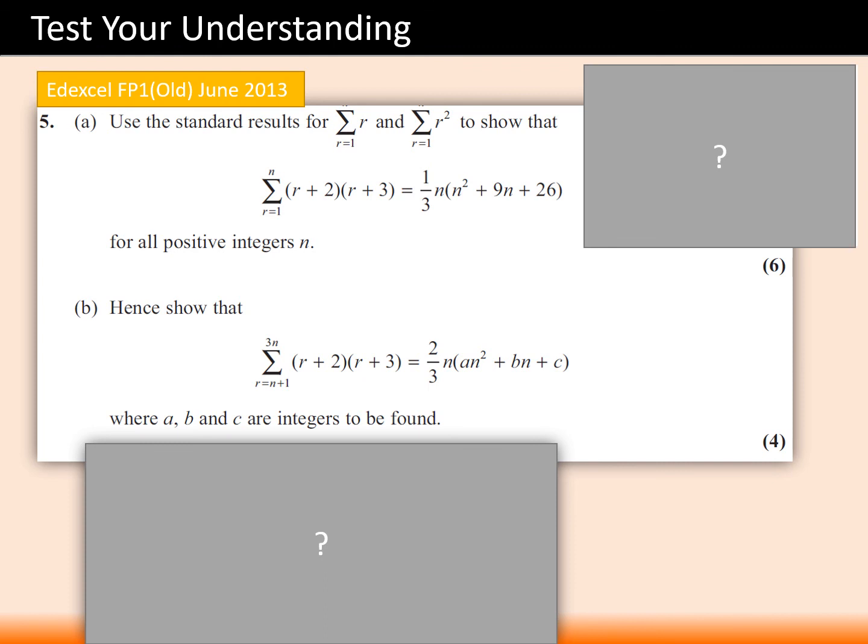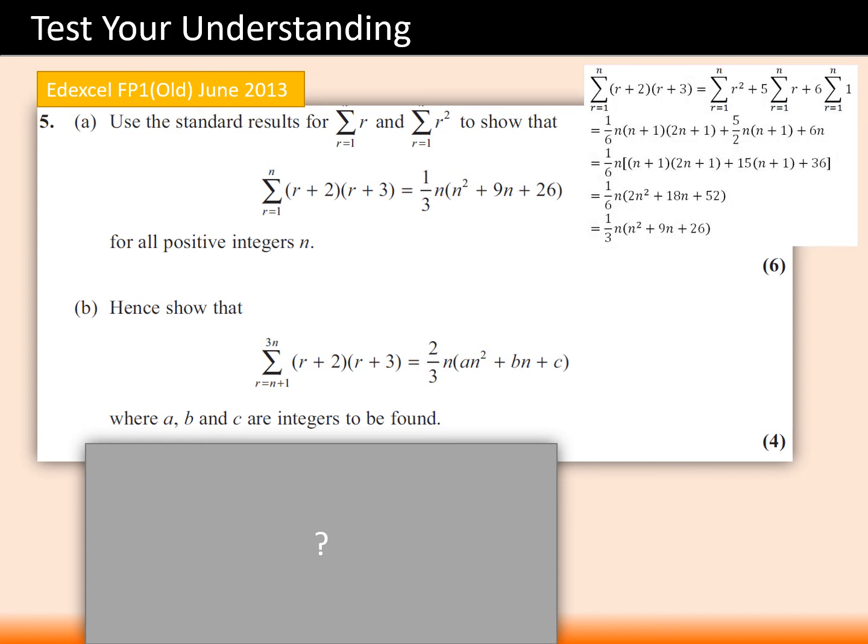Okay, so here's a past exam question. It's worth 10 marks, got part A and B to it. So you guys pause the video and have a go at this. So okay, for part A, it's a show that question. And again, same as before, you expand the bracket, you write each one separately, and you should be able to show it.